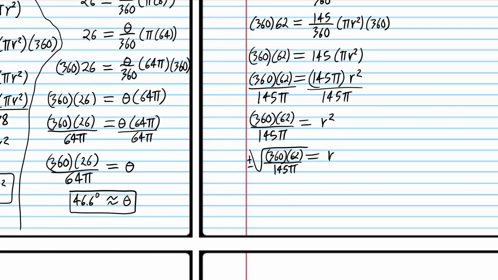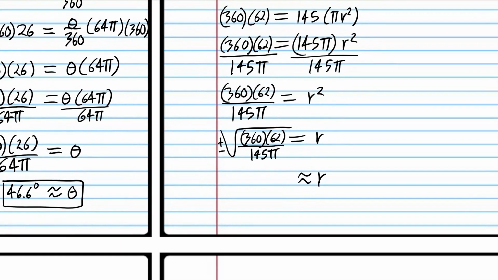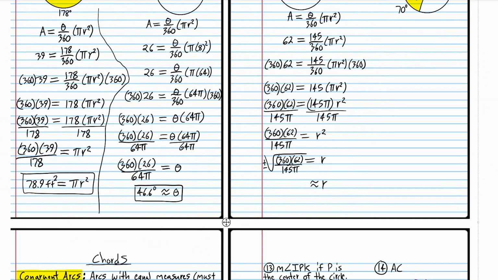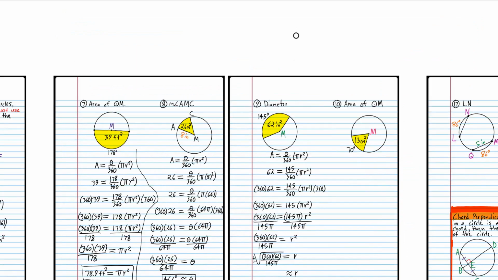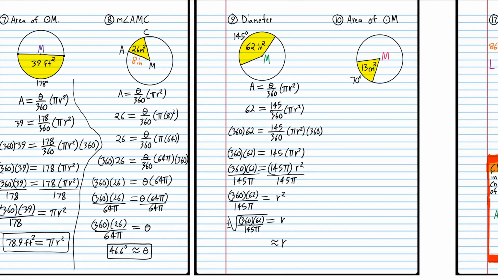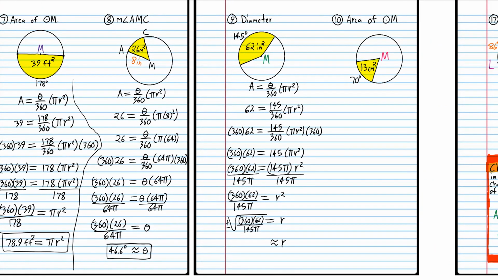So now r is just going to be some approximate number, and we don't really have to write that number, but I'm going to write it just for educational purposes so you can see what's going on. If you're going to have trouble with this, it's probably going to be that you're not entering it properly in your calculator.